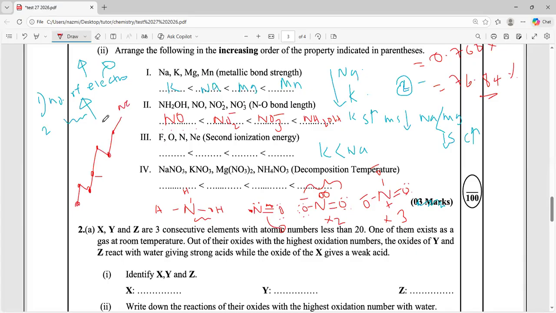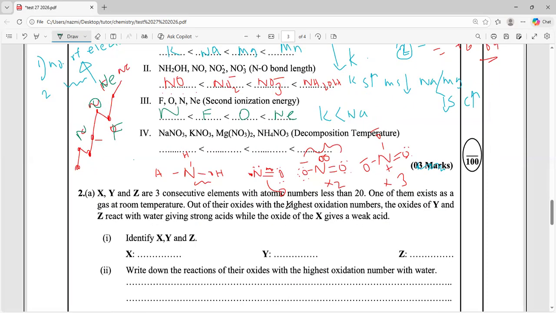Second ionization energy means we have to shift the locations. Nitrogen comes here, oxygen comes here, fluorine is here, neon is here. Still neon is largest. Next is oxygen, after that fluorine, after that nitrogen. That is the second ionization energy.